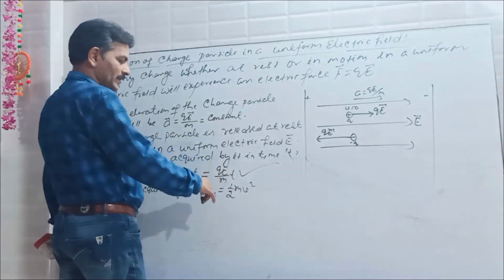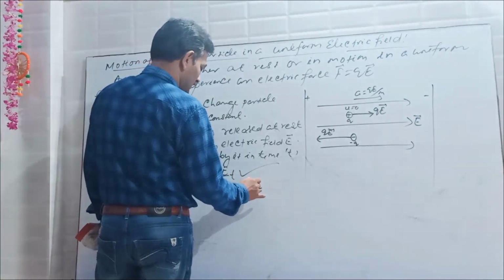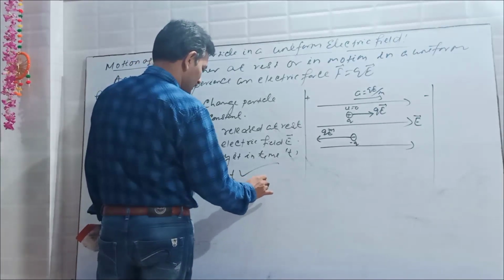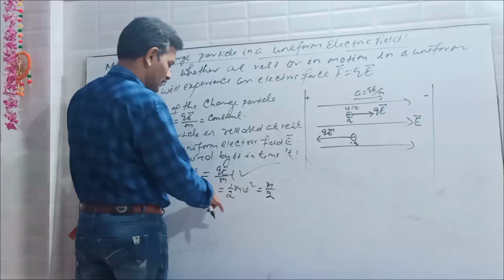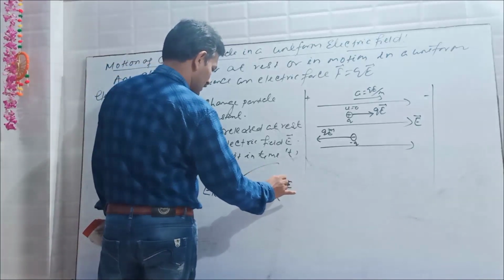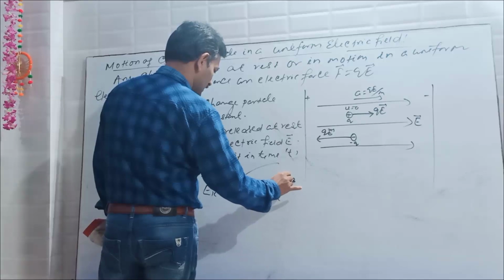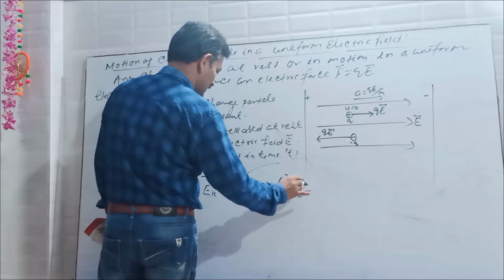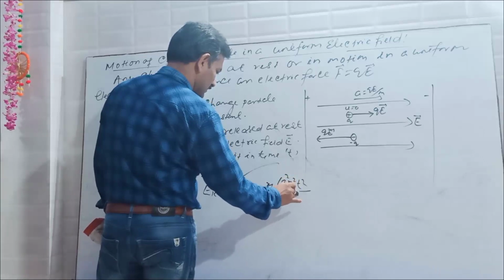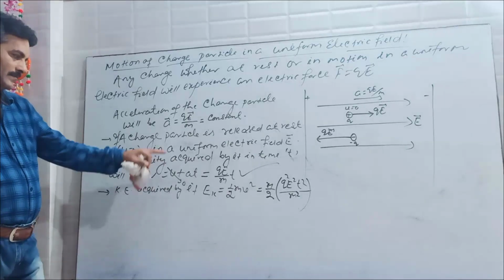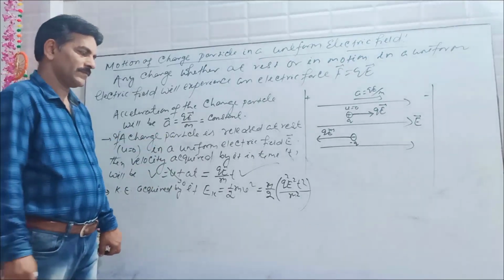You put the value of v here, so it will be m by 2 into v square, that is q square e square t square by m square.